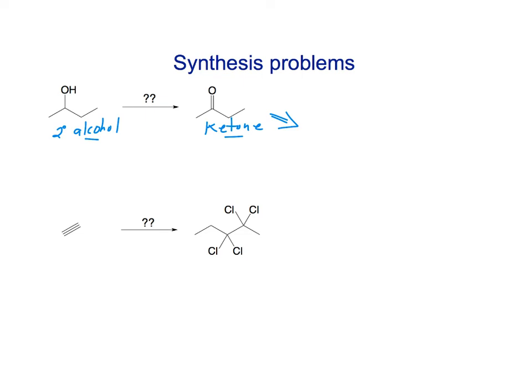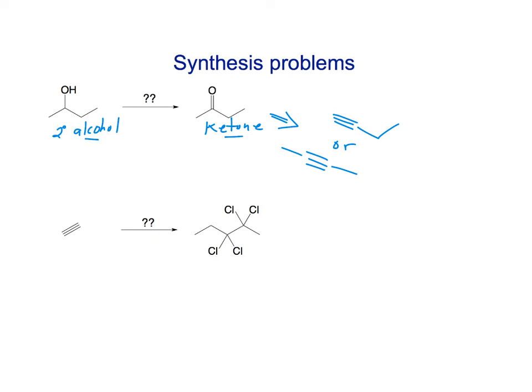We could go to this alkyne or this alkyne. Either of those with acid-catalyzed hydration will give us that ketone. Do we have a sense for which one of those would be better?